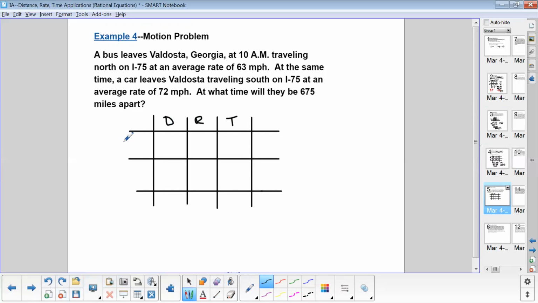I've got a bus and a car. So a bus leaves traveling north at an average rate of 63 miles an hour. And at the same time, the car leaves Valdosta at 72 miles an hour. What time will they be 675 miles apart?